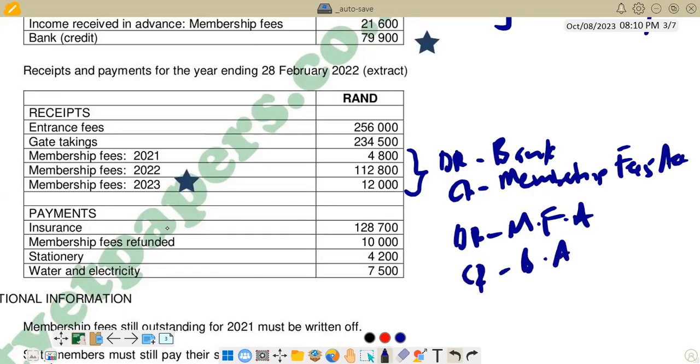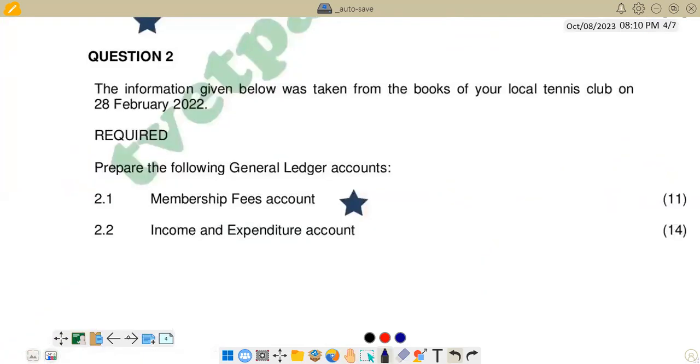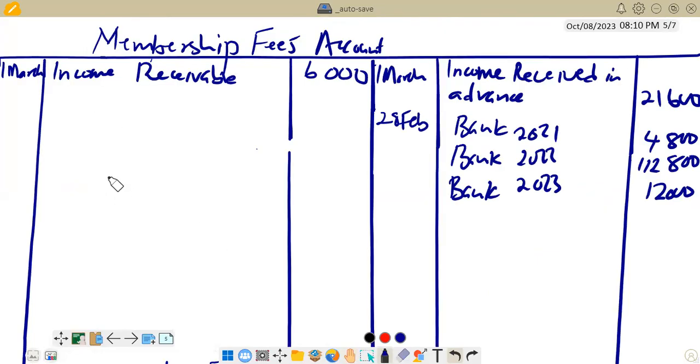So what we want here is the membership fees account. That's the one that we are going to debit, and we say bank in the details part. Then we go to the debit side here, and we say bank. And remember, these are refunds, so in brackets we can just say refunds, and the amount there is 10,000.